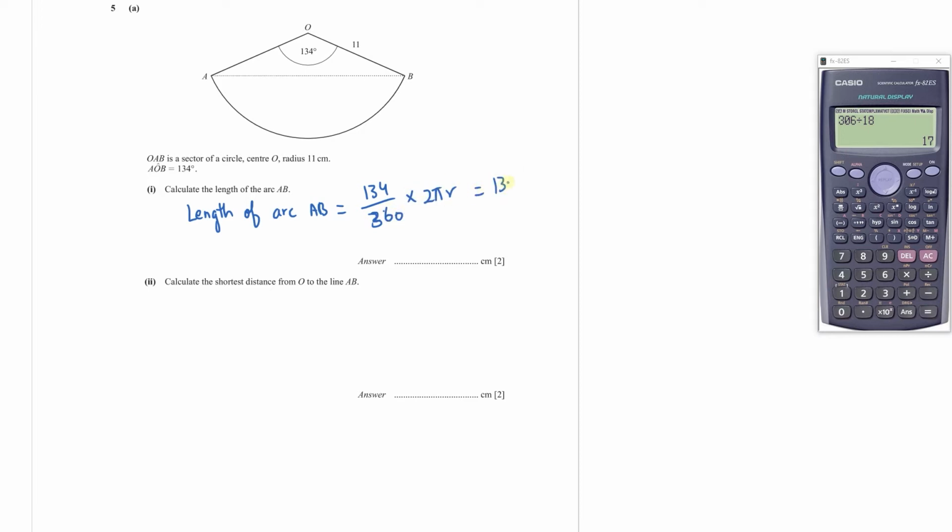So this is 134 over 360 into 2 pi into the radius 11. Let's calculate this: 2 into pi into 134 into 11, and then divide by 360. So this will be 25.7 written up to 3 significant figures.